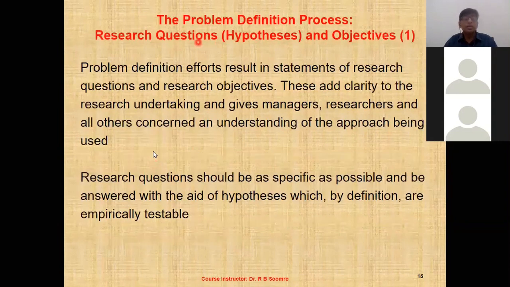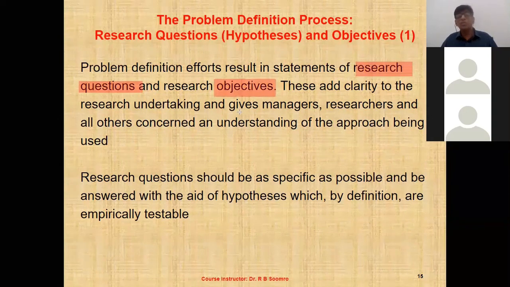And then hypothesis and objectives. The results of the problem definition efforts result in the statement of research questions and objectives. With the help of these two things, research questions and research objectives, you are making one objective and the questions.